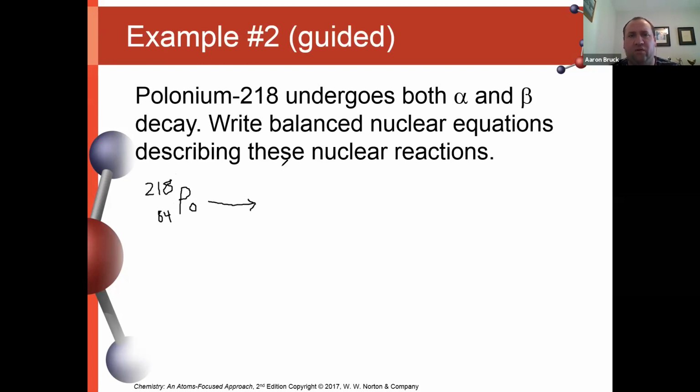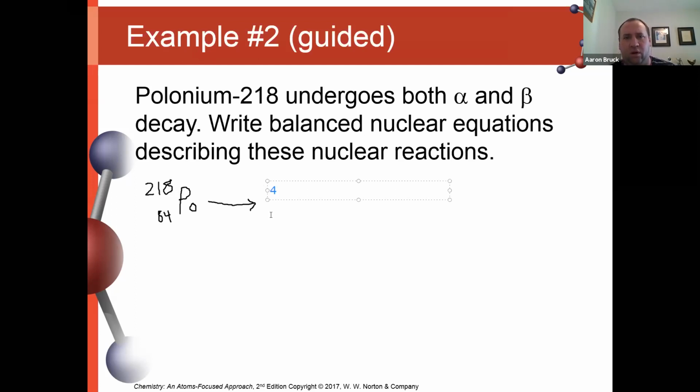Now, if it undergoes alpha decay, the alpha particle has an atomic mass of 4, an atomic number of 2, and the Greek letter alpha as its symbol.